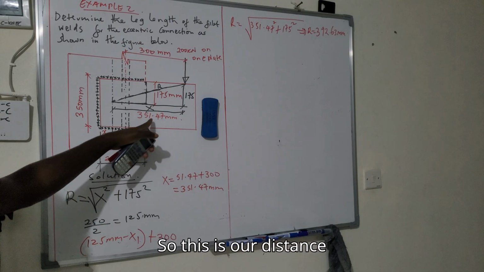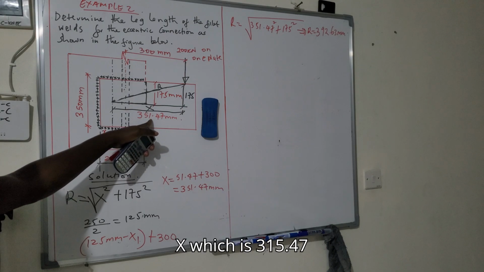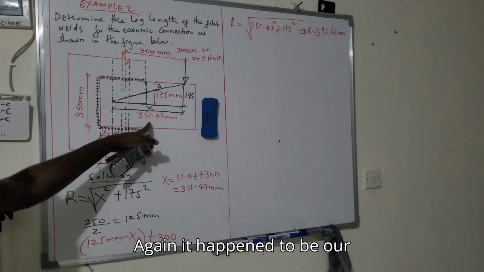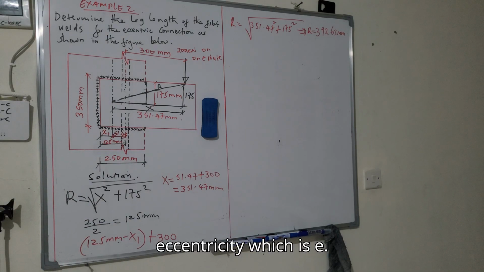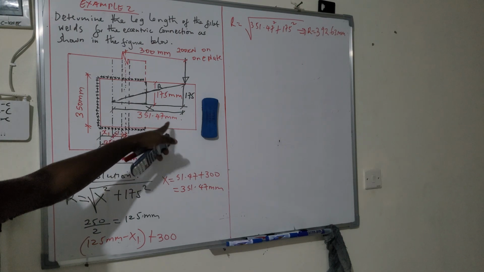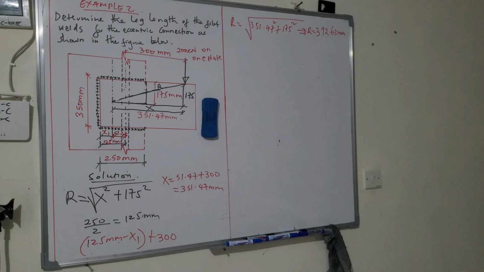So this is our distance x, which is 351.47. Again, it happened to be our eccentricity, which is E. So our E will be 351.47. So let's proceed.